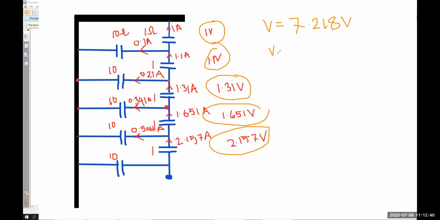So your V1 percentage would be how much? 1 volt divided by 7.218 volt into 100%. Yeah, 13.85.